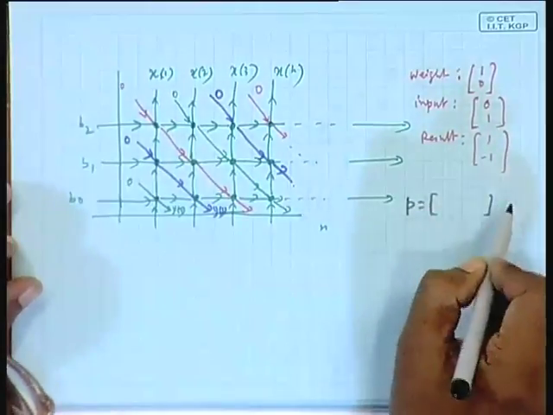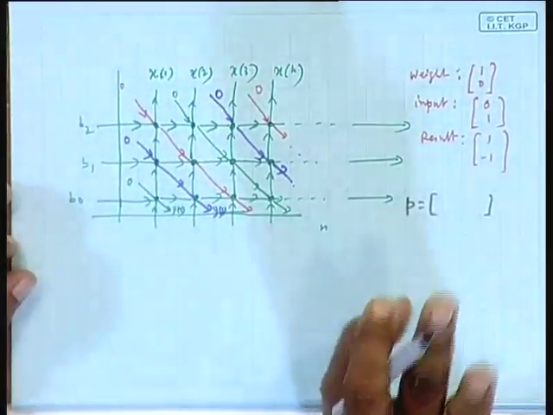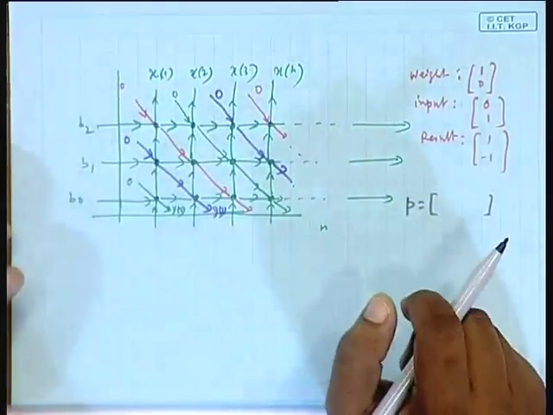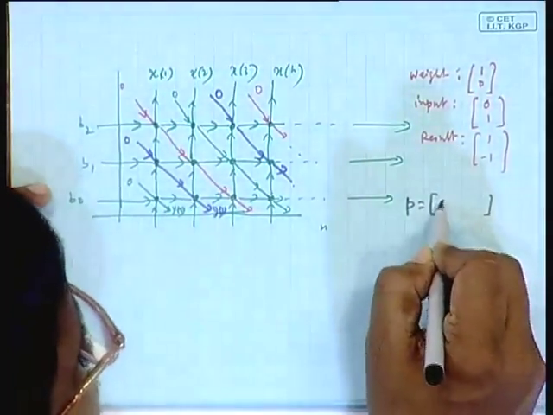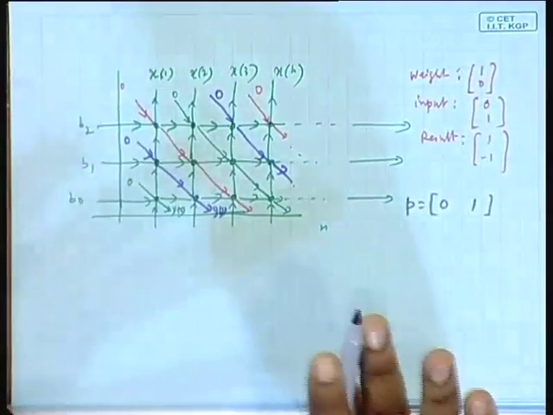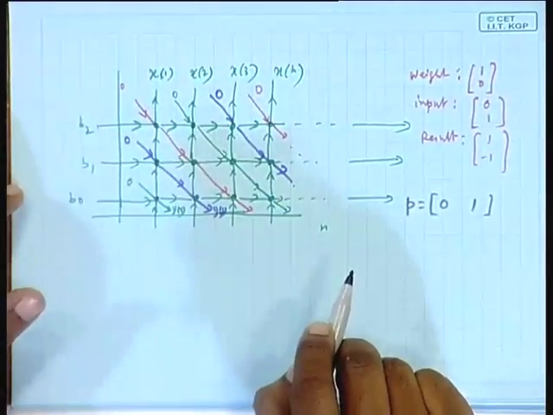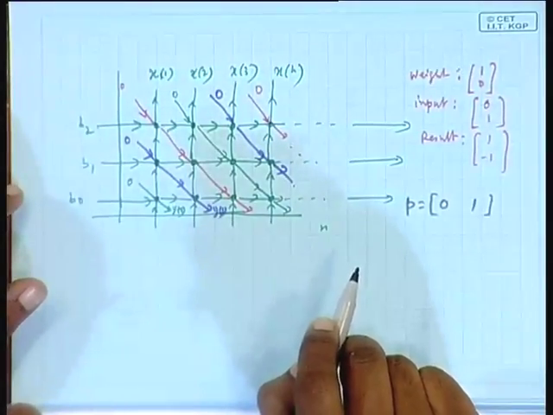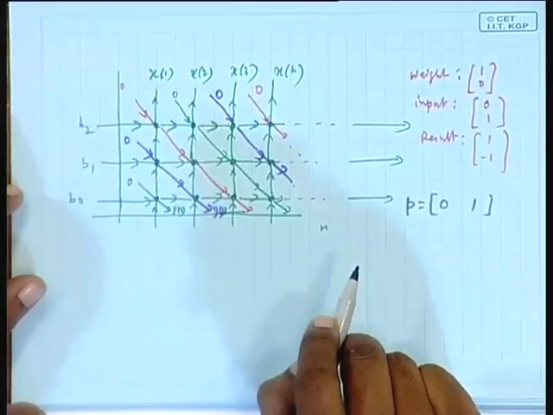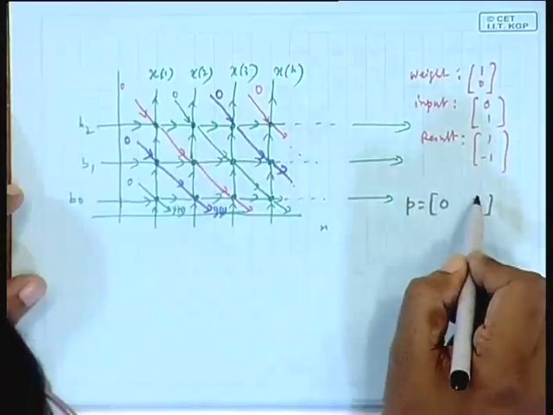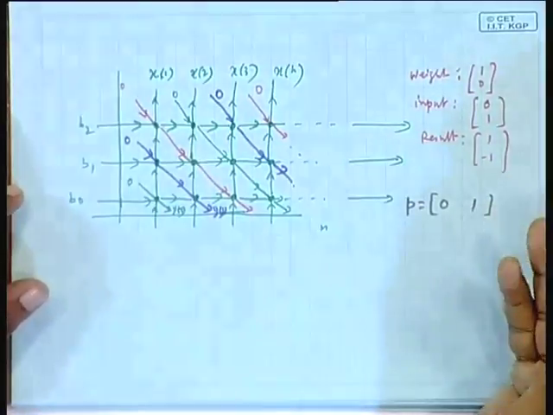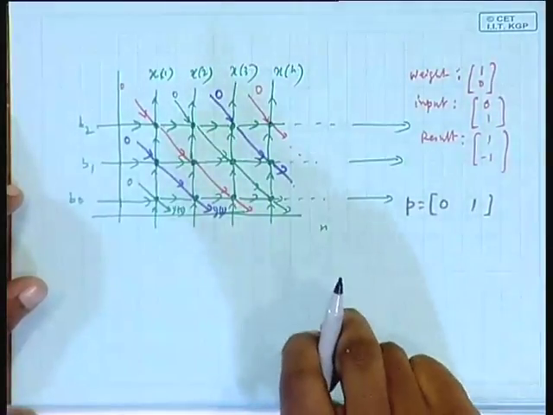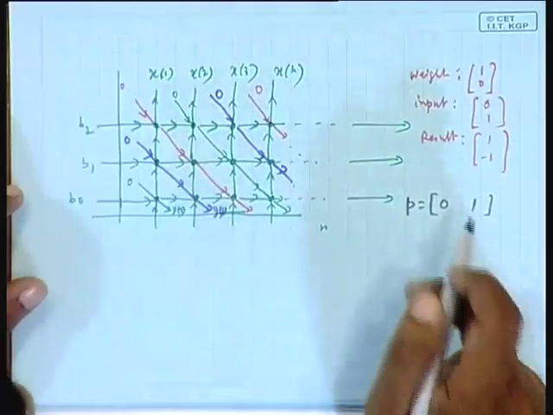Okay. So, P will be 1 cross 2. There are plenty of choices. For this example, P is 0, 1. Okay, there is a submatrix of size 1 cross 1 which is full rank, so no problem. This is P, 0, 1.